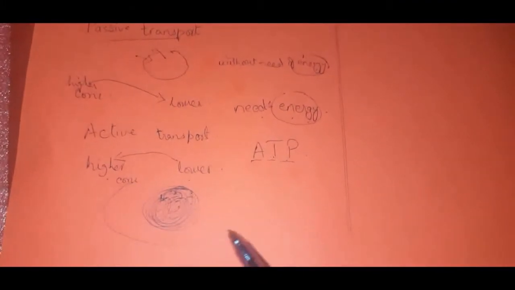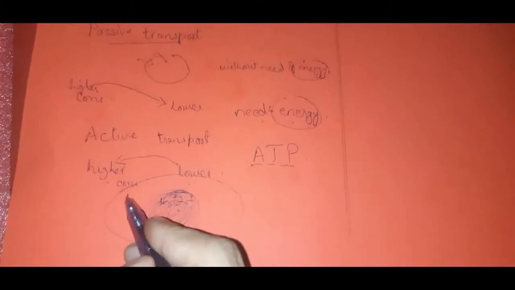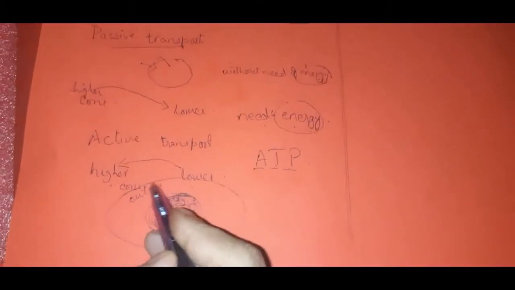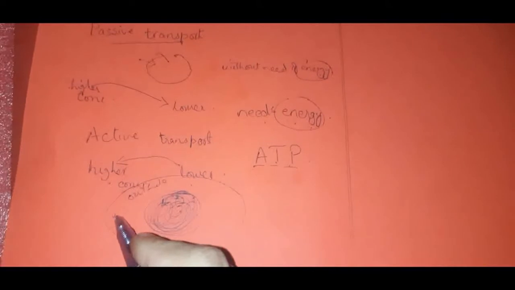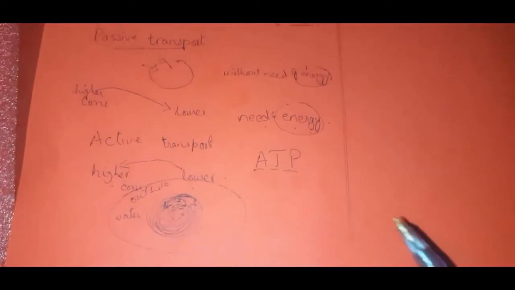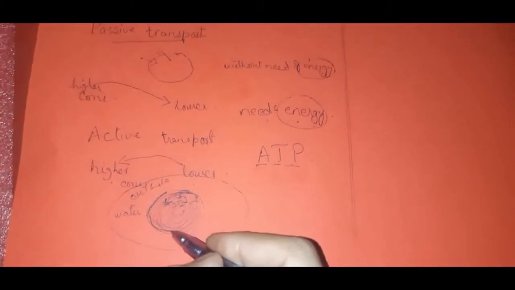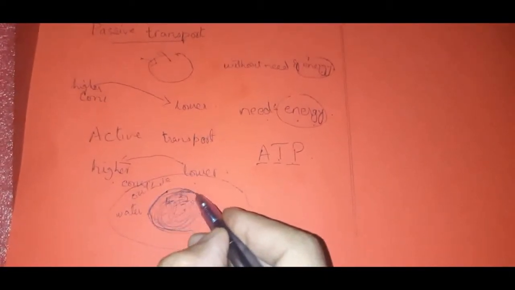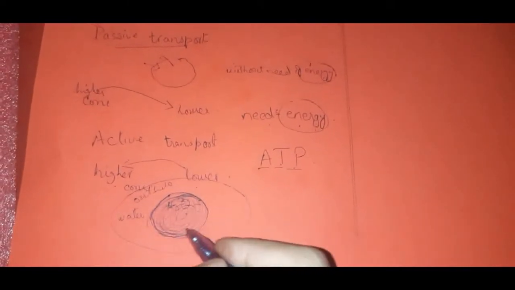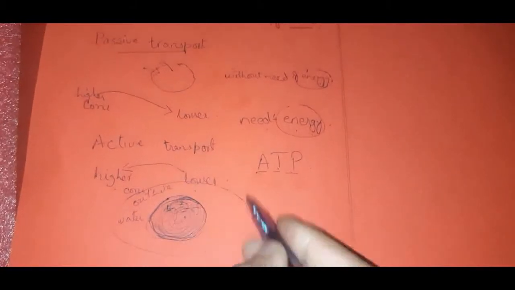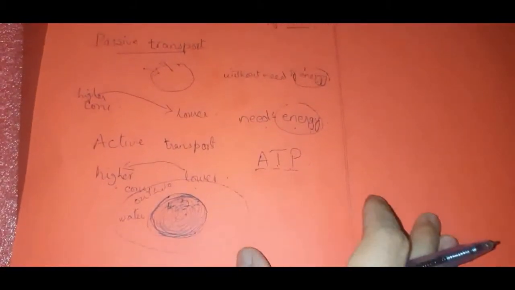And this is the outside of the cell, which also has water. This boundary of the cell, in an animal cell, is your cell membrane, and in a plant cell, this is your cell wall, right?